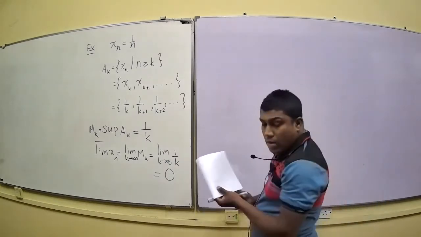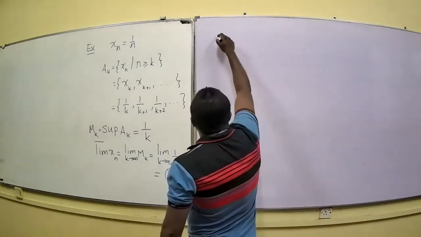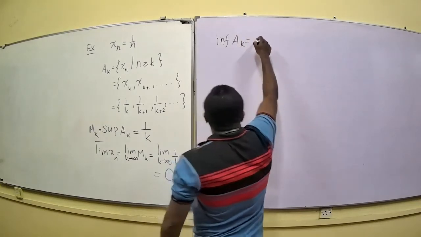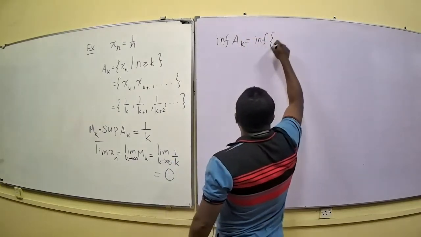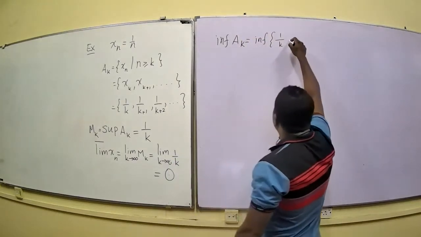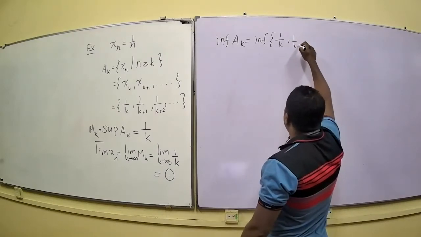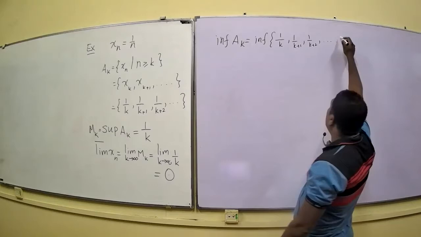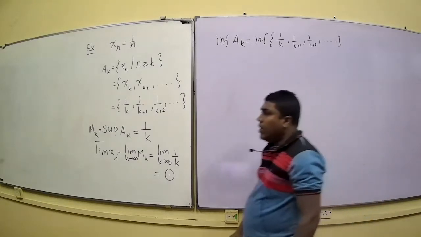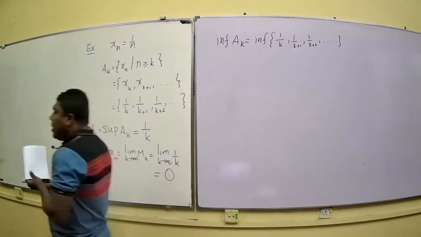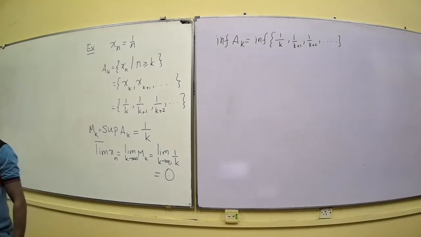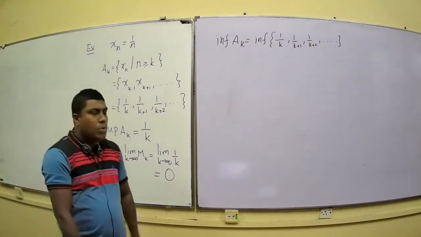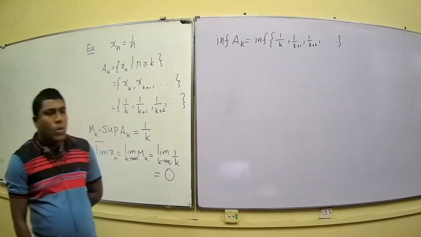Now, the infimum of this set AK: you have to find the infimum of 1 upon k, 1 upon k plus 1, 1 upon k plus 2, like that. You can see that the numbers are decreasing. 1 upon k is bigger, 1 upon k plus 1 is smaller than that, 1 upon k plus 2 is even smaller.